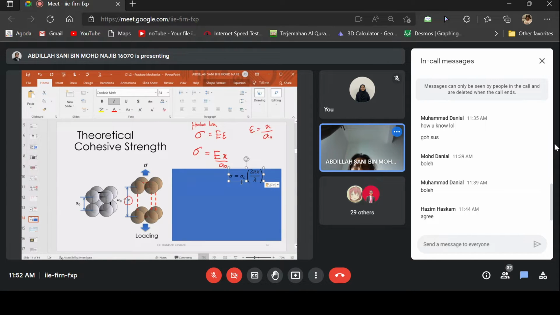Okay, part one we have this, and part two we have this. So I'm going to rub this one off. Okay, the displacement right here is the displacement at the atomic scale.